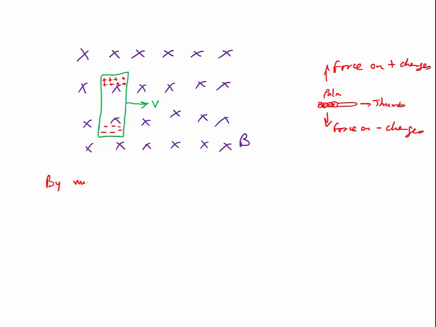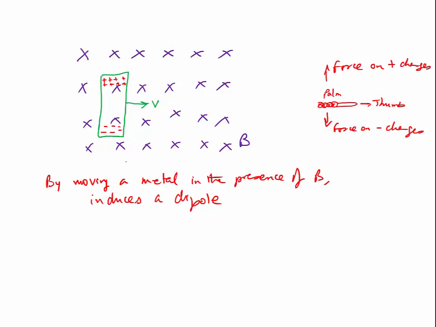So let's write this down. By moving a metal in the presence of a magnetic field, I induce a dipole. So this metal becomes an induced dipole. And the separation of these charges creates a potential difference. So this now acts like a parallel plate capacitor, kind of, with positive charges on one end and negative charges on the other end. So the piece of metal, based on these separations of charges, ends up having an electric field that points this way.